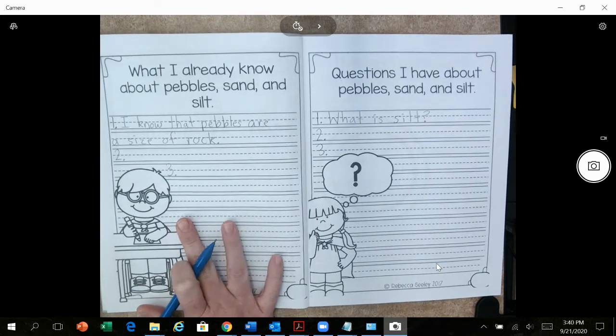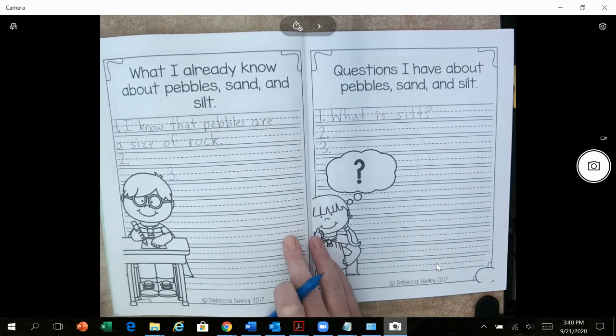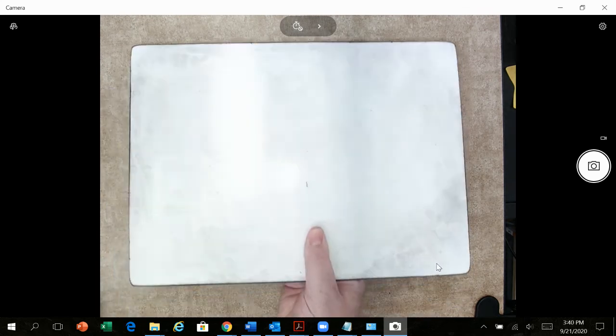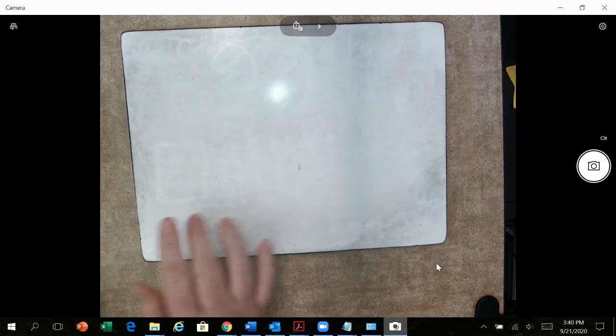Okay. So, the first thing that we're going to do today is I'm going to actually put out some rocks. So, rocks come from earth.